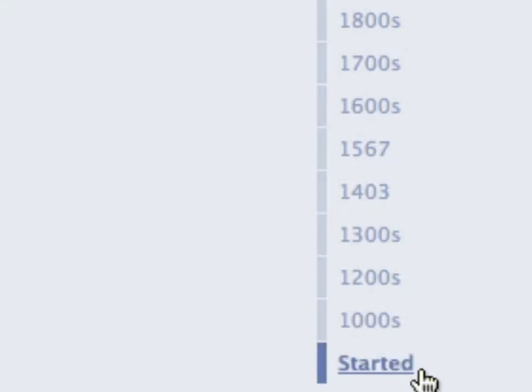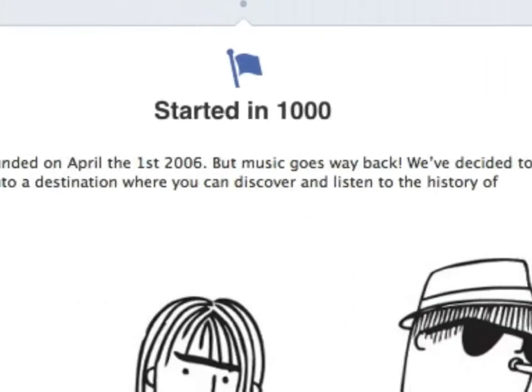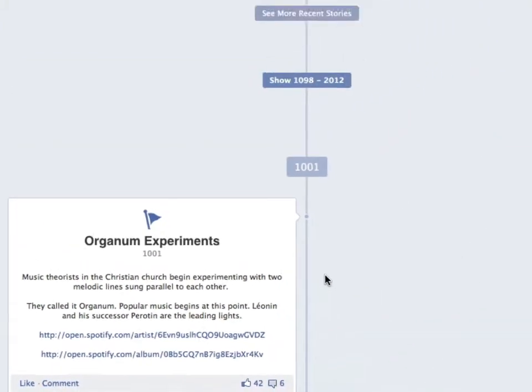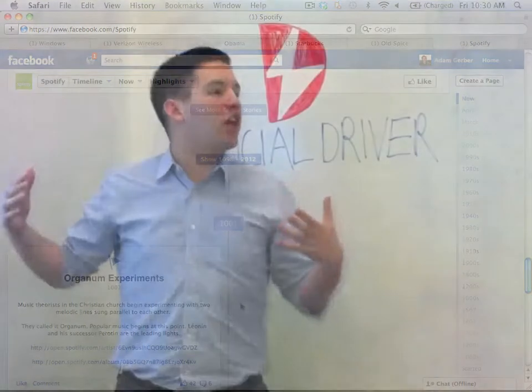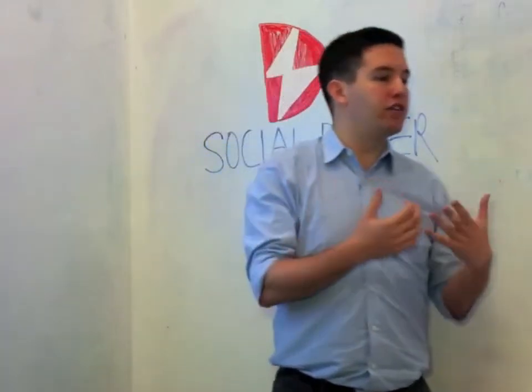So you go back to the very beginning, to organum experiments. Music theorists in the Christian church began experimenting with two melodic lines sung in parallel to each other. What we see is that Spotify has taken music and put itself in the historic context of the progress of music. That to me is a really beautiful and powerful way of using the timeline.